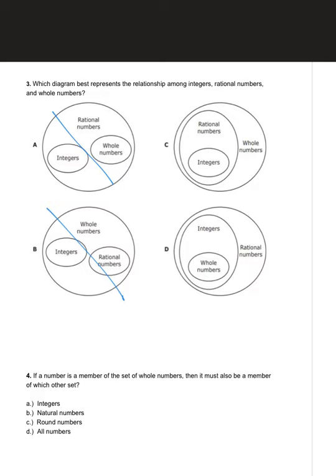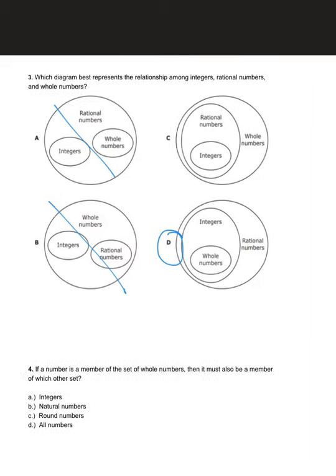The innermost shape should be the whole numbers. This one says integers, then out to rationals, then out to whole. This one says whole, then out to integers, then out to rationals. So in this case, D would be the correct answer.